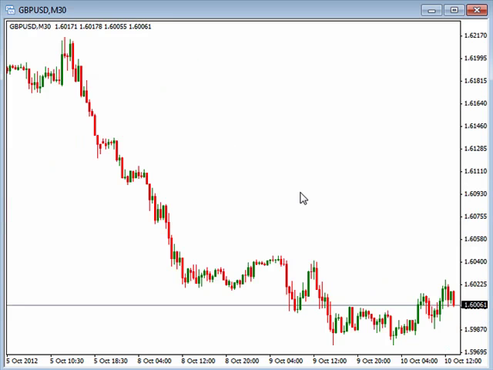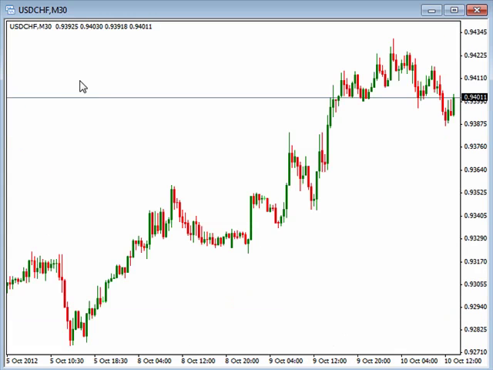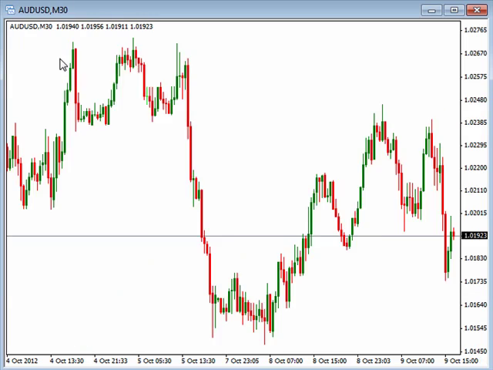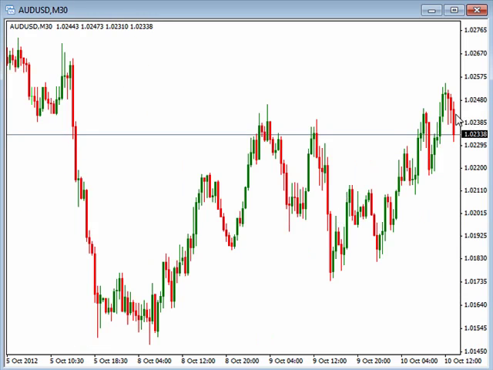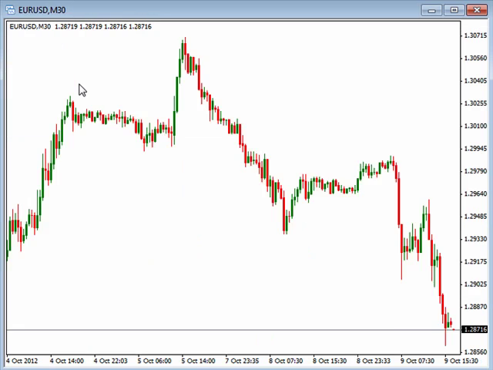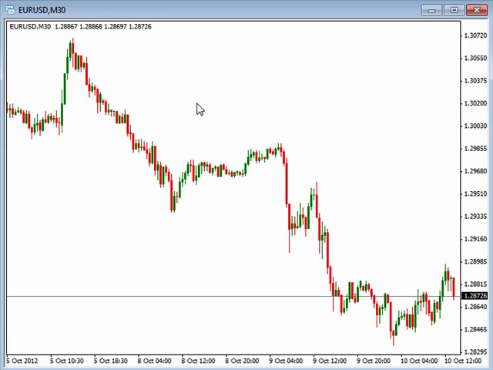This one's been a little bit more deliberate, flattening out here more recently, maybe even making a little bit of a base here. U.S. Swiss franc moving up nicely. Aussie dollar, a little more deliberate maybe than what the U.S. CAD was doing. And then last but not least, the euro dollar, where it looks like it wants to try to roll back over here.